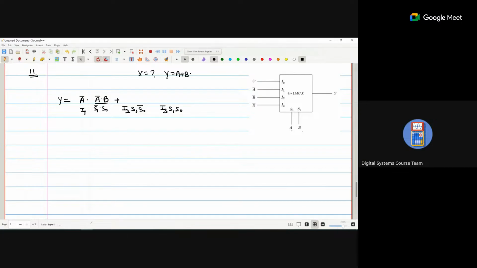So I2 is A B bar, plus X bar A B. Now we have A bar B plus A B bar plus X bar A B.